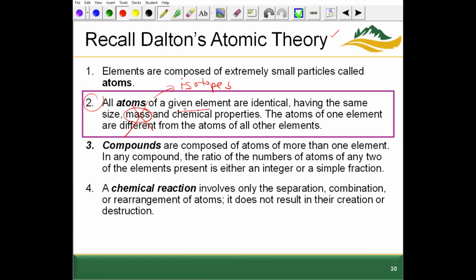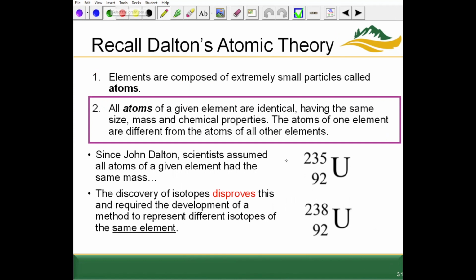Isotopes of the same element will have different masses. Also, isotopes of the same element will also have slightly different chemical properties as well. The main part of Dalton's theory that's disproven here is that no, not all atoms of a given element have the same mass. We do have isotopes that exist. Here's a further written out explanation of that.